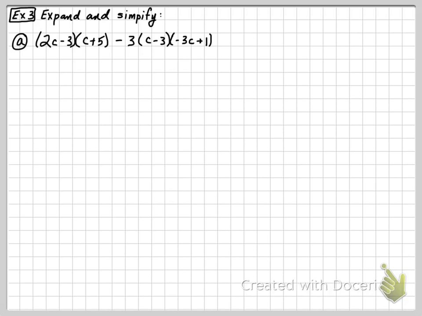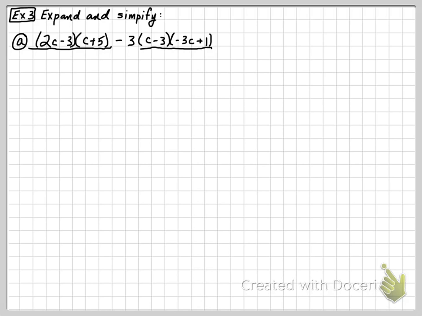One more example. Let's expand and simplify this one. 2c minus 3 times c plus 5 minus 3 times c minus 3 times negative 3c plus 1. Now we're going to have to do this in parts because that minus 3 times those two brackets in the end separates this.